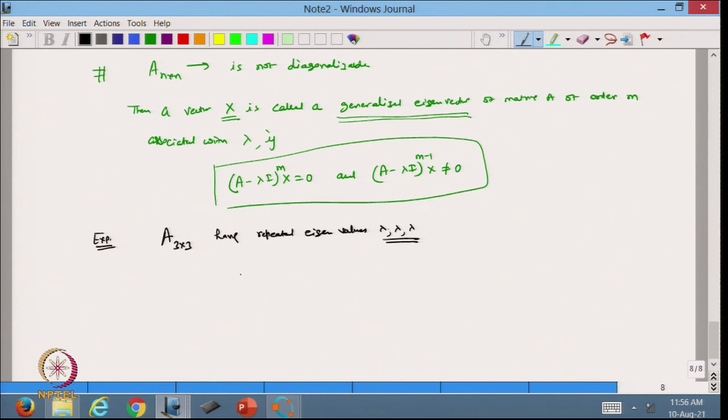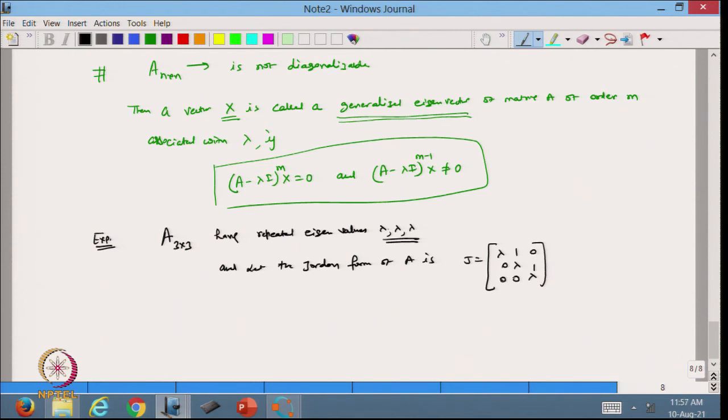Now let the Jordan form of A be this one: lambda, lambda, lambda, 1 0 1, 0 0 0.